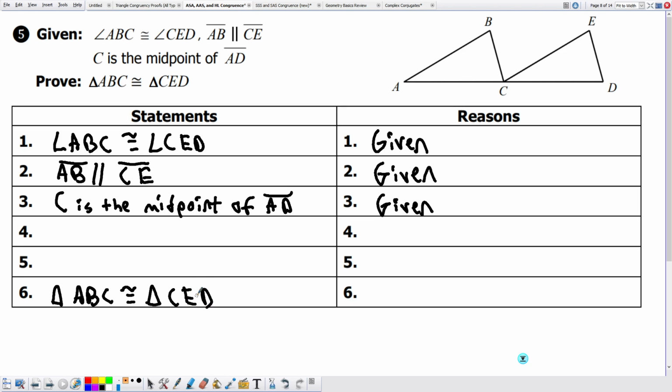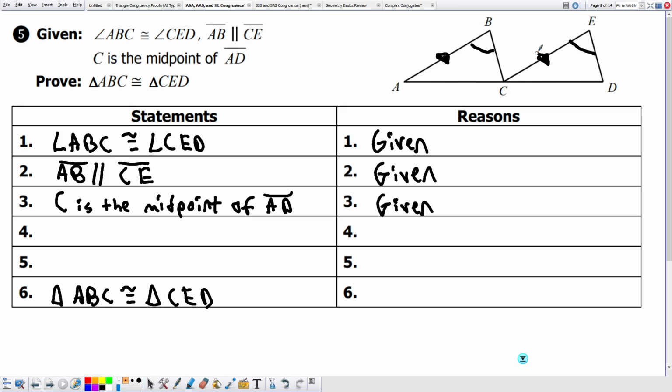All right, so let's write out what we know. Angle ABC, this one right here, is the same as angle CED right here. We note that AB is parallel with CE, and C is the midpoint of AD.